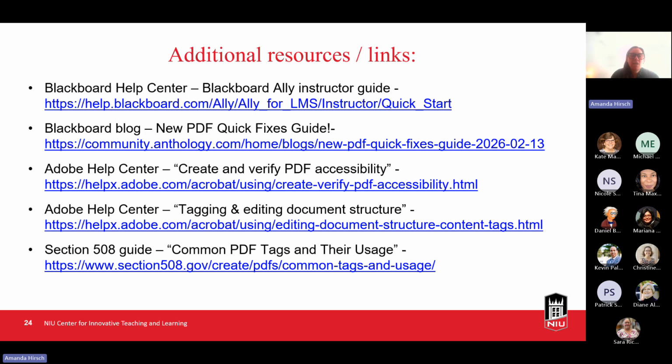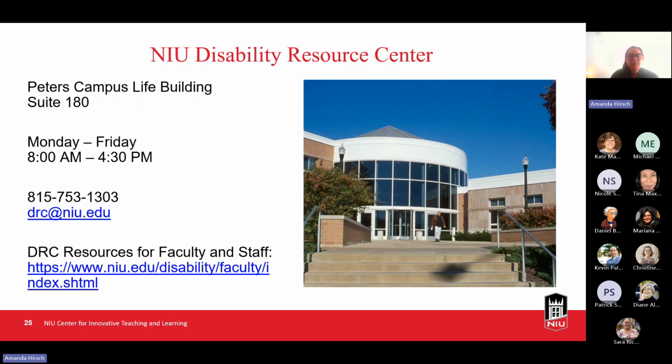There's also an Adobe Help Center, how to create and verify PDF accessibility, how to tag and edit document structure, and then a Section 508 guide on common PDF tags and their usage. So all of those links will be sent to all of you who are here live today.